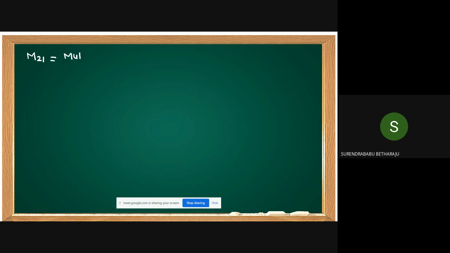Mutual inductance of coil 1 with respect to coil 2. Because coil 2 is carrying the current, that's why you are defining with respect to coil 2. Now you define what is M21.